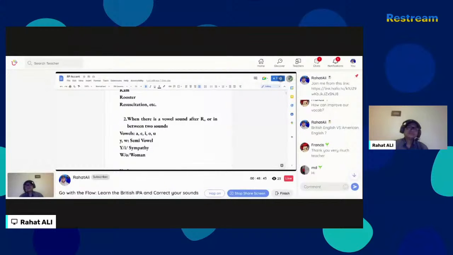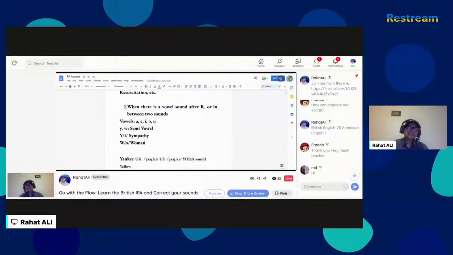in that case, we have to pronounce R. Bear in mind that there are 5 vowel letters: A, E, I, O, U, and also the letters Y and W are called semivowels.